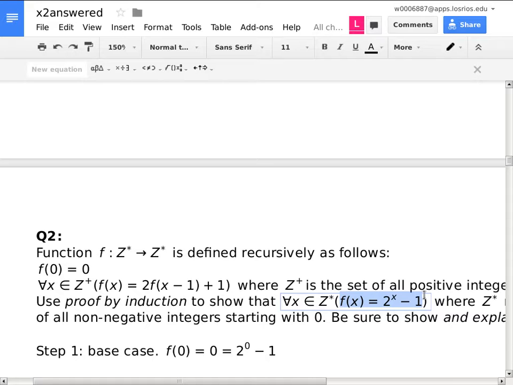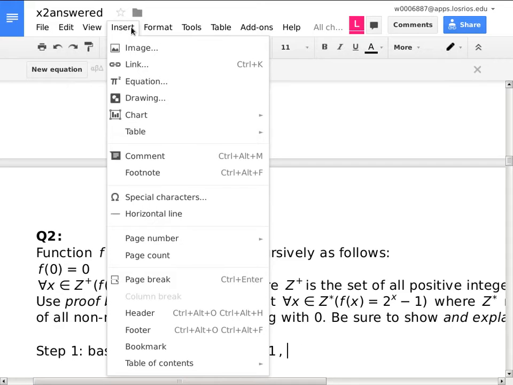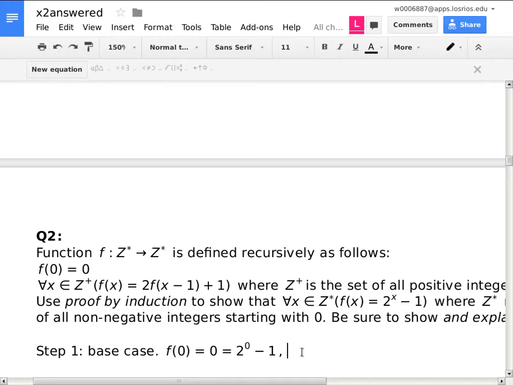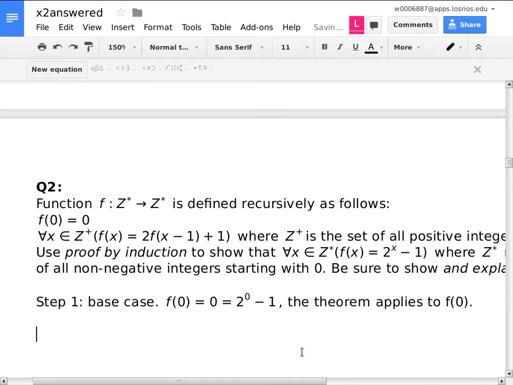So that means the base case is proven. If I want to be extra tedious, I can now claim that the theorem applies to f of 0. All right, so that's step 1.